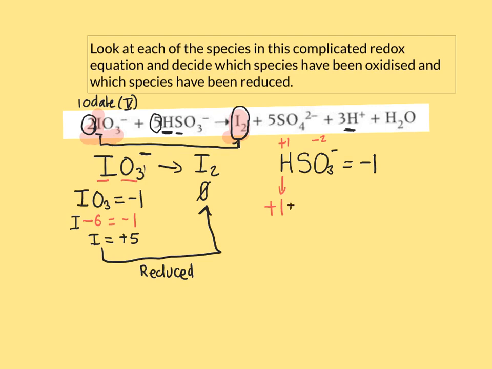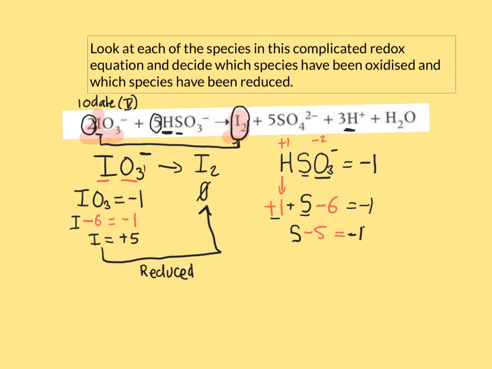We don't know what the sulfur is, so we'll leave that as sulfur. Oxygen is -2, and there are 3 lots of them, so that's -6, giving an overall charge of -1. Sulfur - 5 is equal to -1.